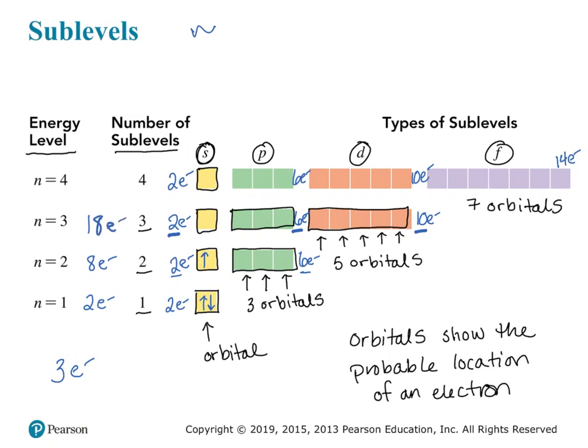And energy level 4 can hold 2 plus 6 plus 10 plus 14. So let's see, that's 18 plus 14, so that's 32. I did that right? Yeah. All right. So that's the maximum amount of electrons that each energy level can hold.